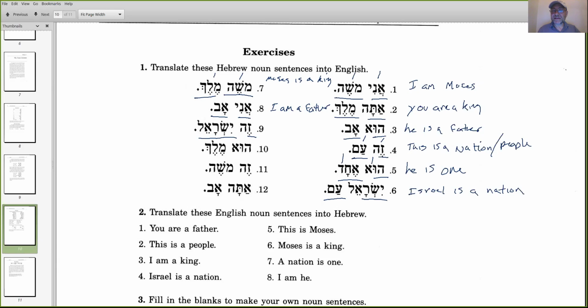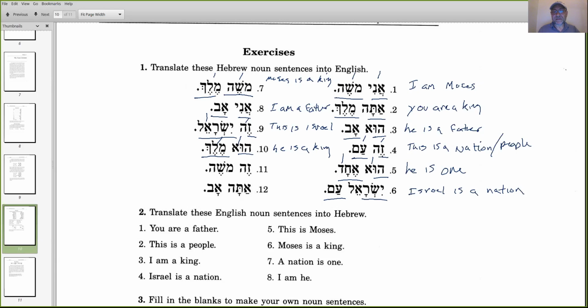Ze means this, and then Israel, of course, is Israel. This is Israel. How about this one? Hu Melech. So we know Hu means he in English. He, king. Or more properly in English, he is a king.